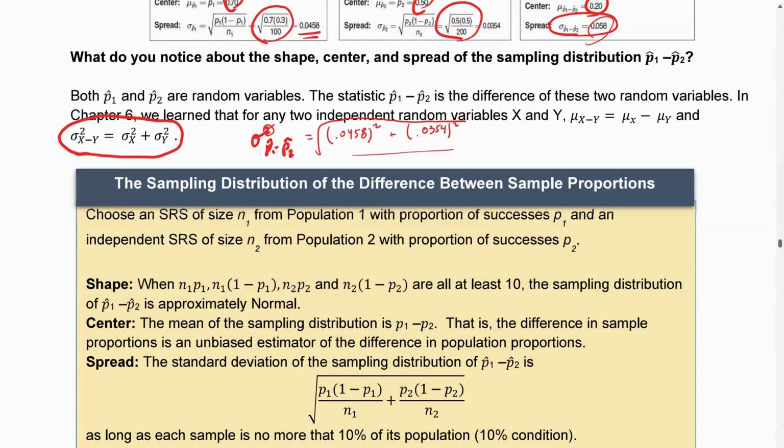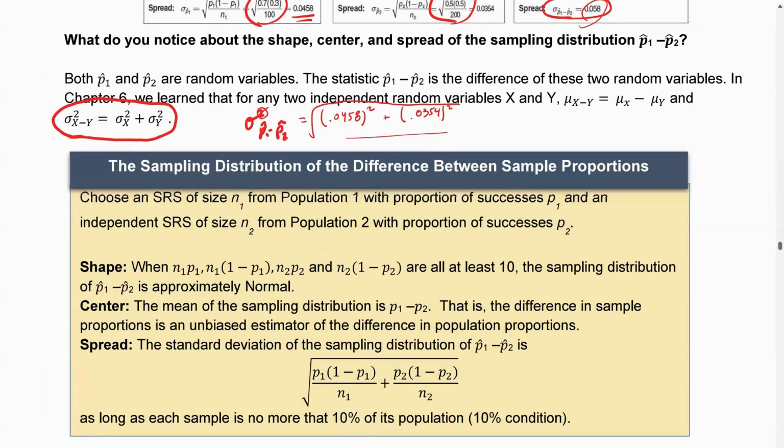So, in summary, the sampling distribution of the difference of proportions is the foundation from which we're going to be doing some inference later. We know that the shape of the distribution is approximately normal. We know that the center of the distribution should be equal to the difference in the population proportions from those two different populations.